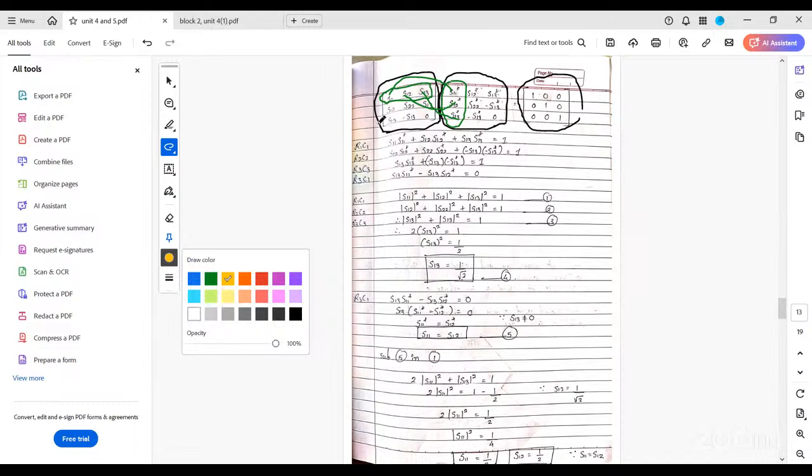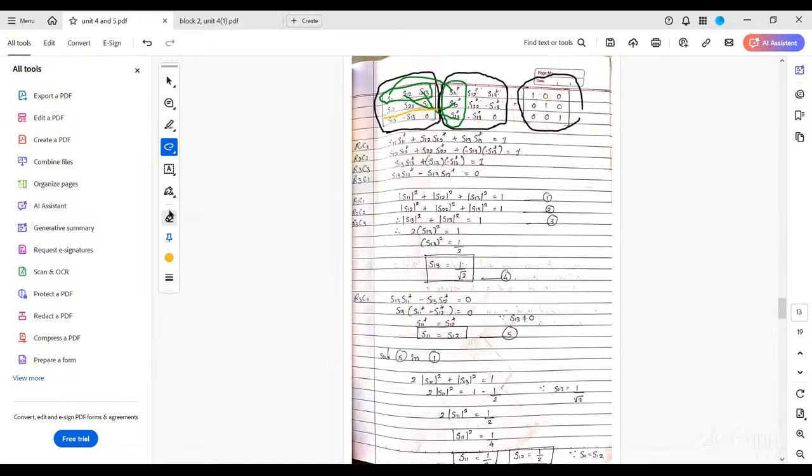Next is row 2, column 2. What is row 2 here? Row 2 is S12, S22, minus S13. This has to be multiplied with column 2.